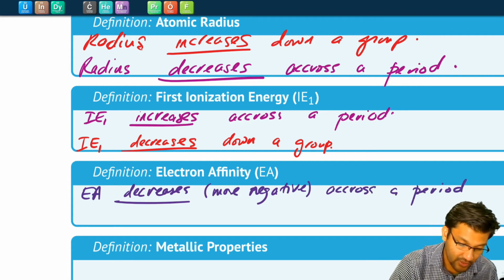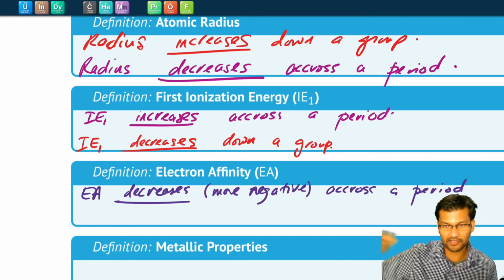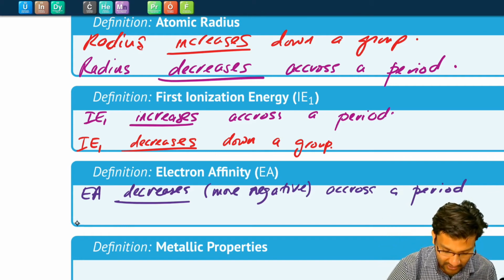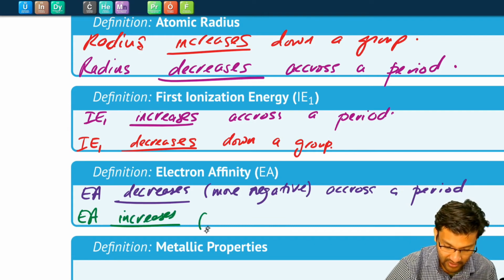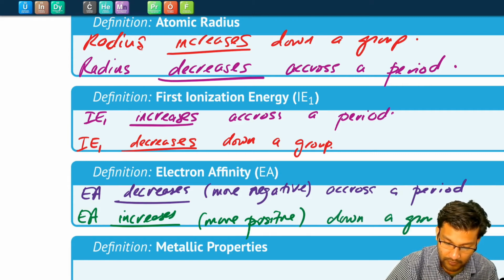And similarly, as we go down a group, right, the force becomes weaker because the R value becomes larger, because the atom size is becoming larger. And so the electron affinity increases, or it becomes harder to attract an electron. It becomes more positive down a group.